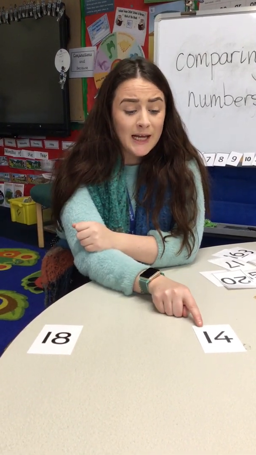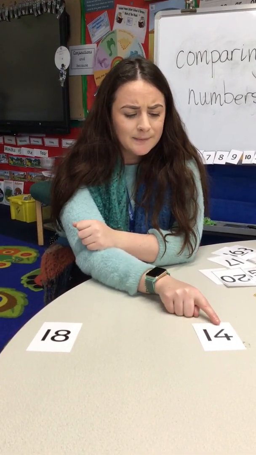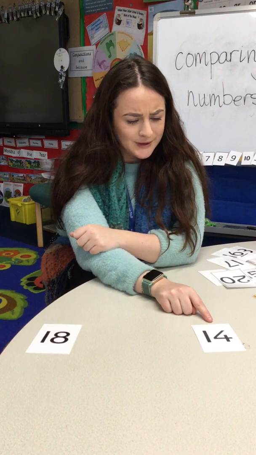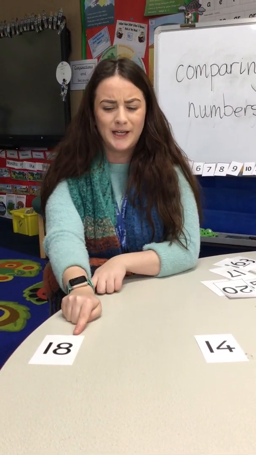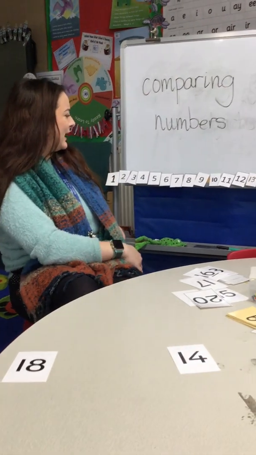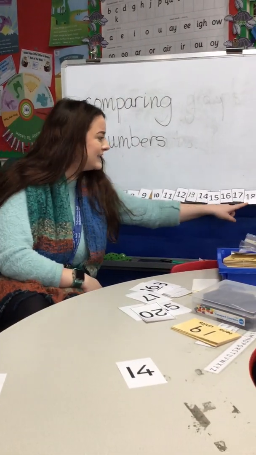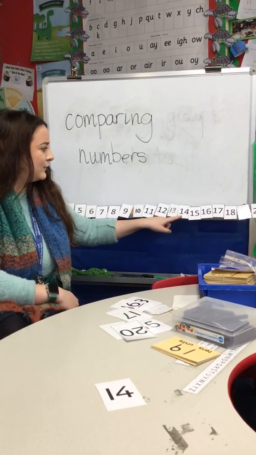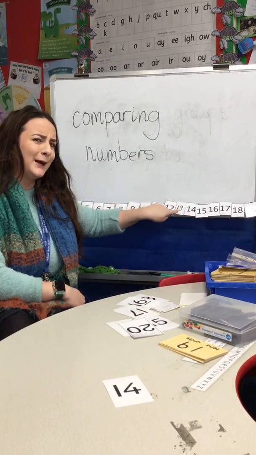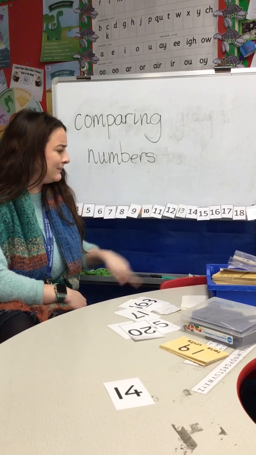This one has 1 10 and 4 units. 18 and 14. I think 18 is bigger than 14. Let me have a look on my number line. There's 18, all the way at the end here, and here's 14. 14 is lower down, which means it is less than.